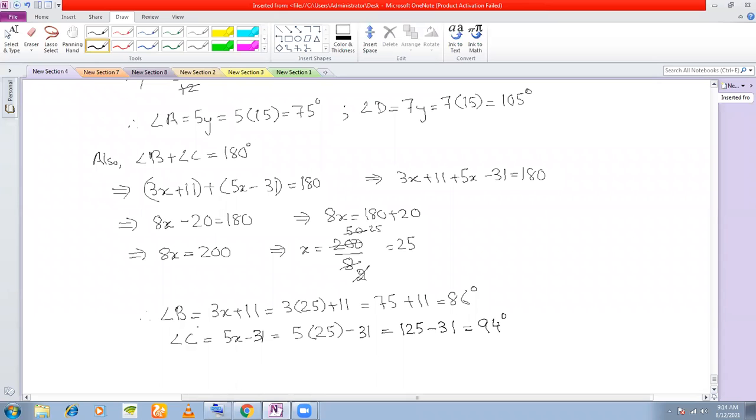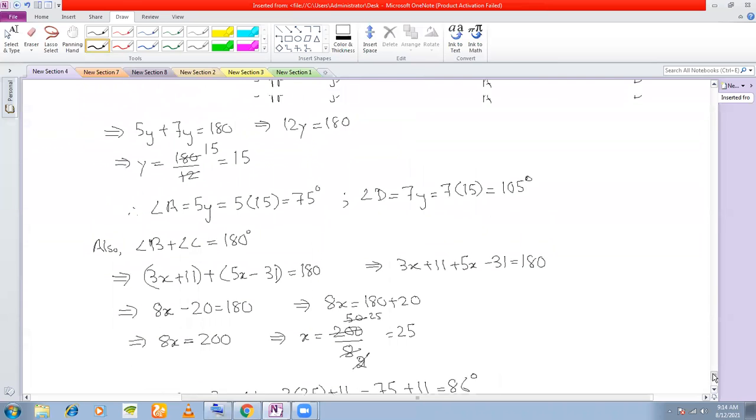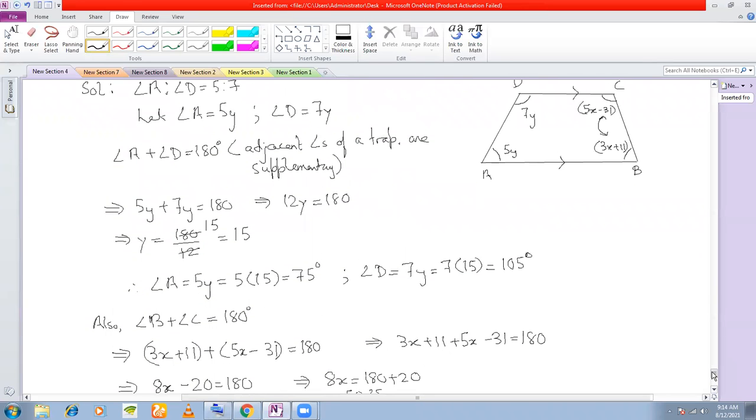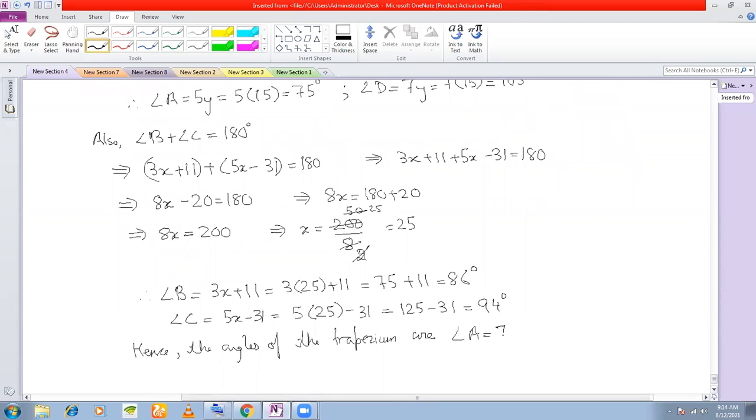Okay, so you've got all the angles. And what are the angles? Hence, the angles of the trapezium are: angle A is equal to 75 degrees.